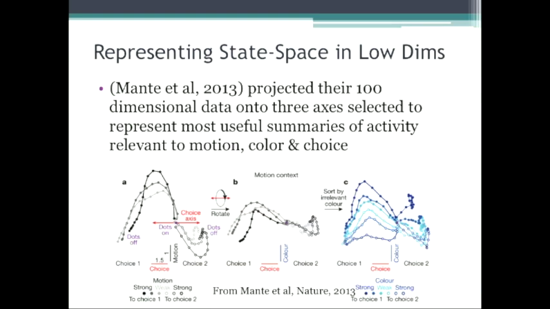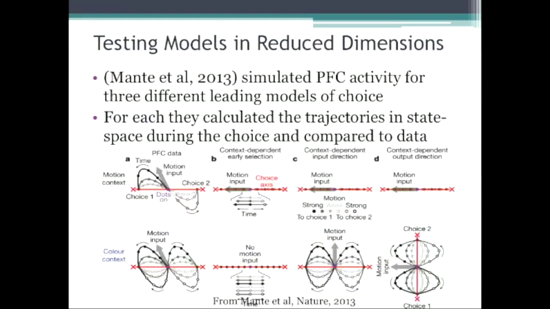So why would you want to do this? Well, what they then did is they took the 3 leading models, which had been in the literature for 20 years about this task, and everyone thought they knew how this task was being done. They simulated neural networks according to the various models, and then they did exactly the same analysis. So remember, here's what they came up with.